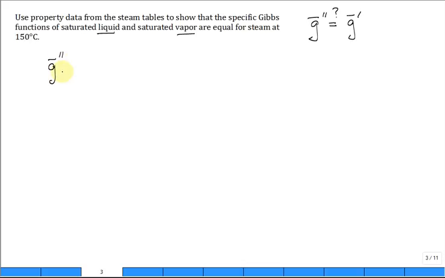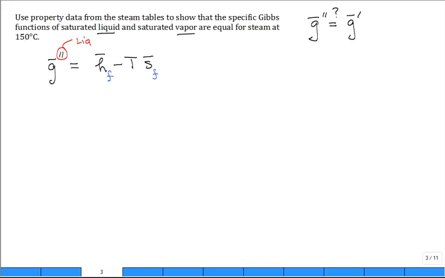That was for the liquid, right? Well, what is the definition of G bar? It's going to be H bar minus T S bar. True? And if this double prime is for the liquid, and we're talking saturated liquid, that's H of F and S of F. Make sense? Okay.